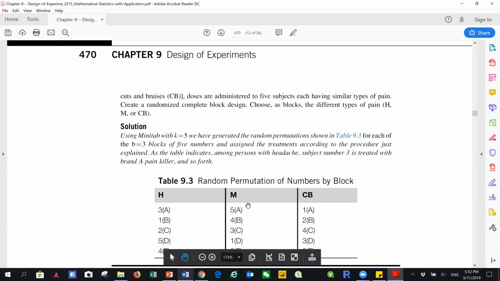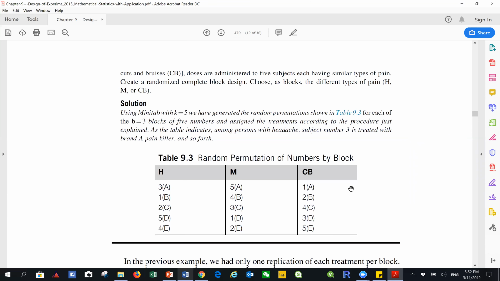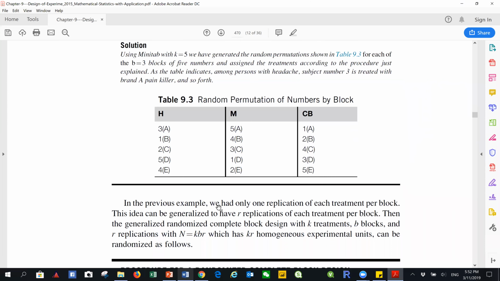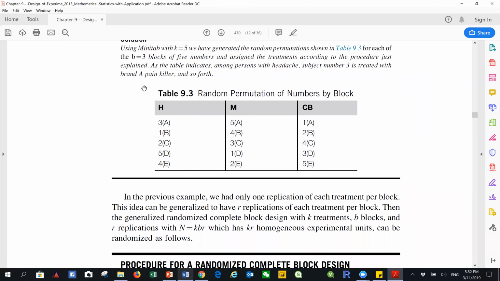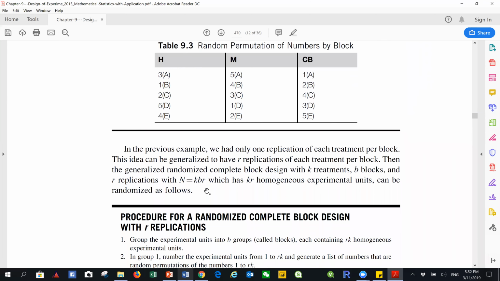So there are 3 blocks, and within each block you also randomly assign the experimental units to the treatments, the same doses. Okay, so this is the idea.